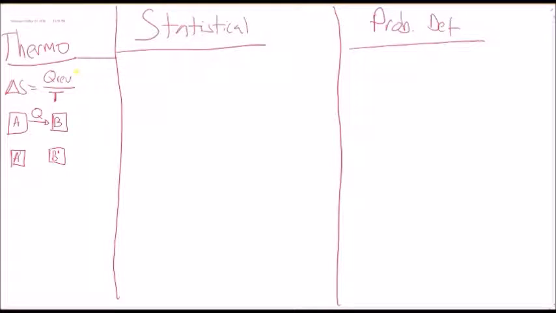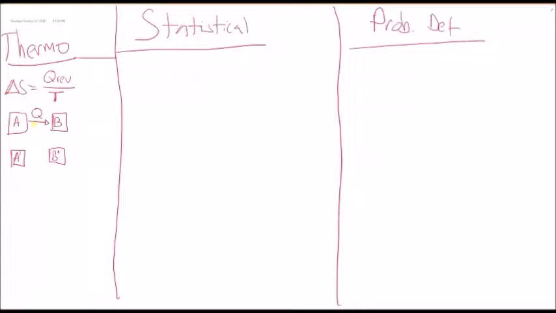And it would follow just as the Q reversible, the heat transferred over the temperature. An important caveat of this definition is that the Q we're talking about must be reversible. The heat transfer must be a reversible heat transfer. And this makes sense.